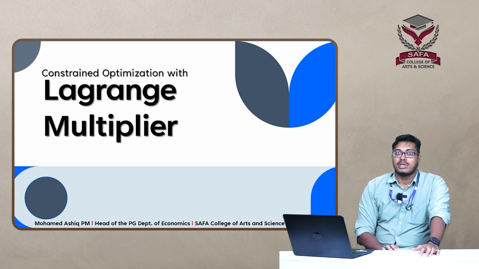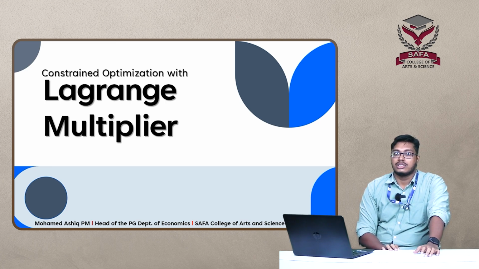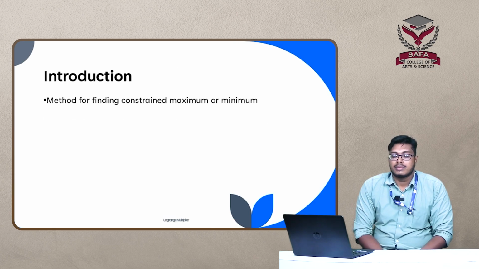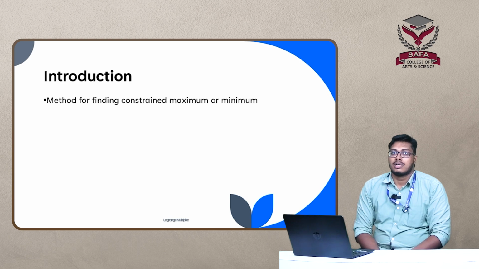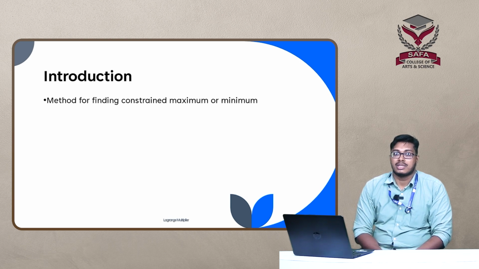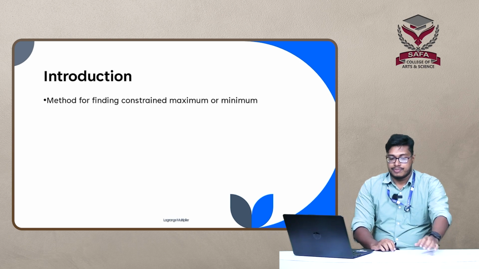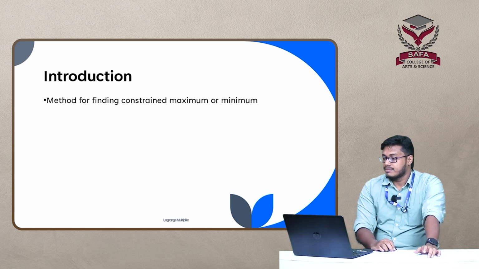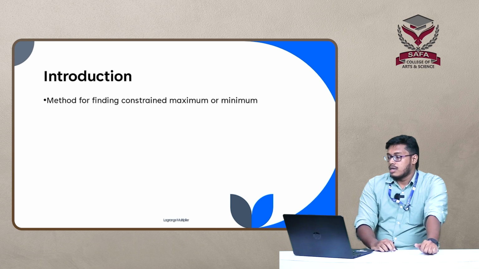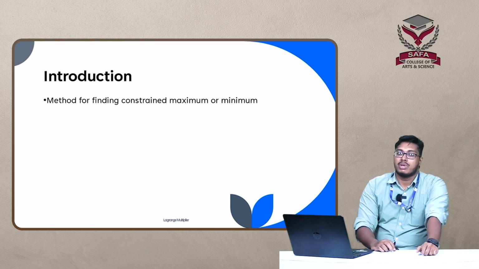Our new topic, constraint optimization with Lagrange multiplier. This topic is related with the QT or quantitative method. This is for finding constraint maximization or minimization.